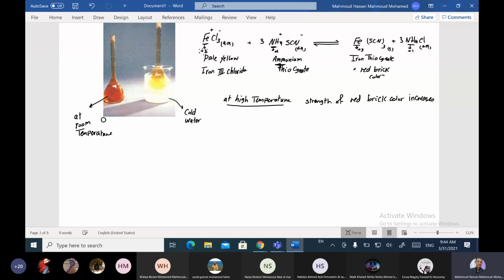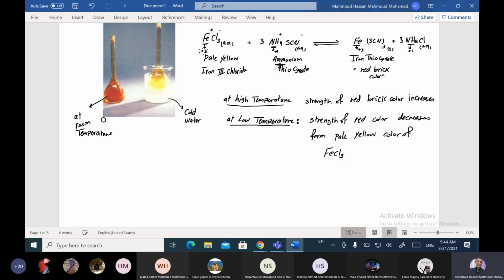The forward directions, but at low temperature, we'll find the strength of red color decreases, and form pale yellow color of iron trichloride.